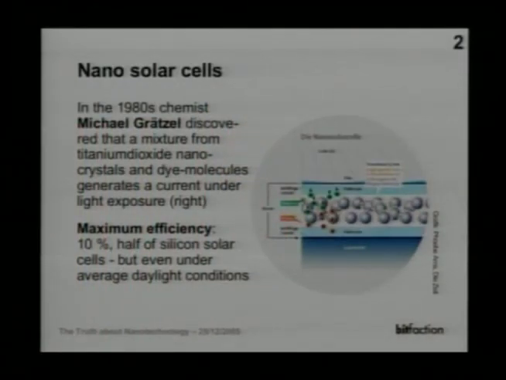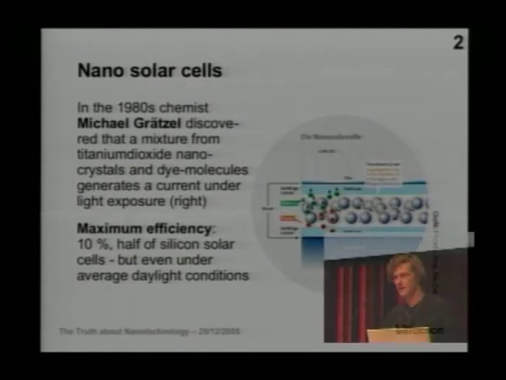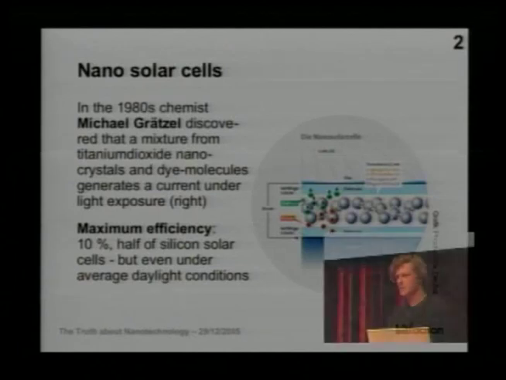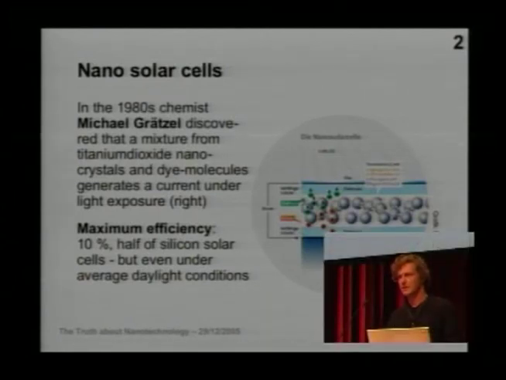Another interesting thing is the nanosolar cells. It's a kind of artificial photosynthesis that was discovered in the 1980s by Michael Grätzel in Switzerland. And he discovered that if he puts together titanium dioxide nanoparticles and certain dye molecules, the dye molecules harvest the sunlight, then they get excited, I mean in the electronic states, transfer energy to the nanoparticles, and these titanium dioxide particles are semiconductors as well, so the electrons are moved into the conduction band.